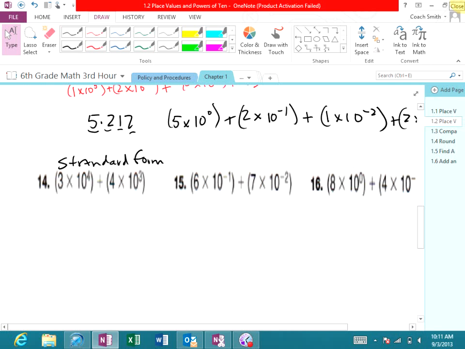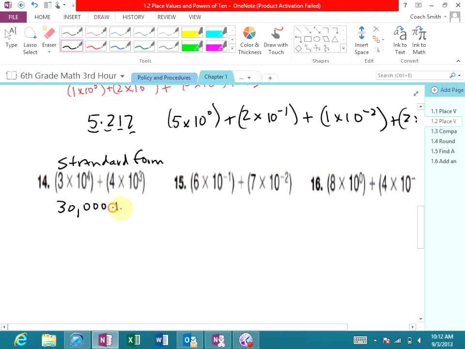All right. So the first one, it's hard to read, but you've got it right there in your book. It says 3 times 10 to the 4th power. 10 to the 4th power is what place value? Colton? 10 thousandths. Yes, 10 thousandths. So if I have 3 times 10 thousandths, then that means I have 30,000.